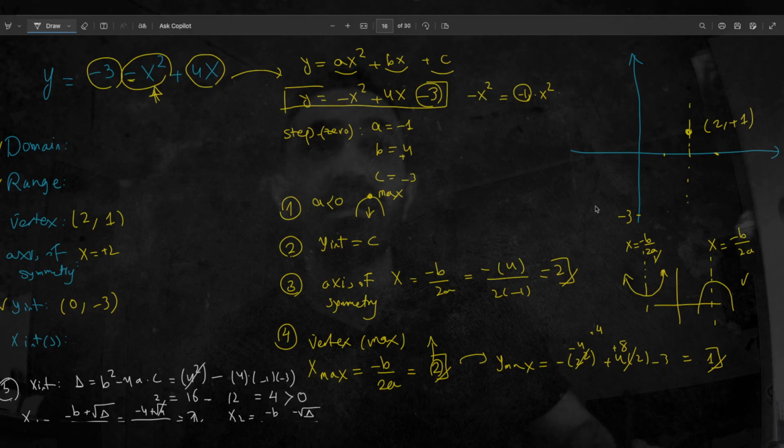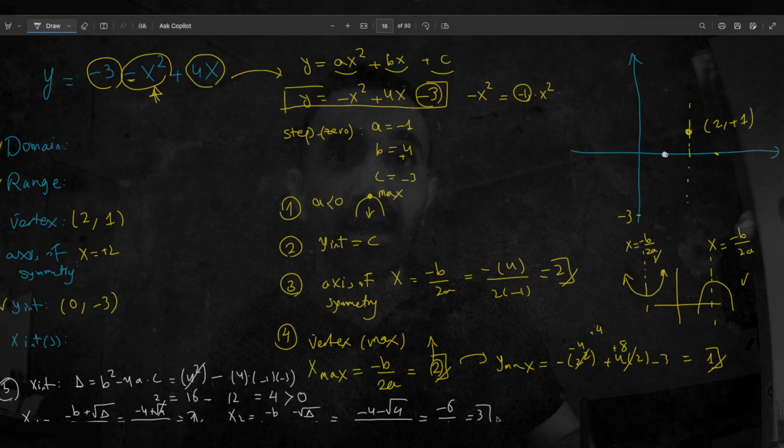So one x-intercept is (1, 0). Another x-intercept is minus 4 minus square root of 4 divided by 2 times minus 1. Minus 4 minus square root of 4, which is minus 6 in total. Minus 6 divided by minus 2 gives you 3. 3 is the second x-intercept.